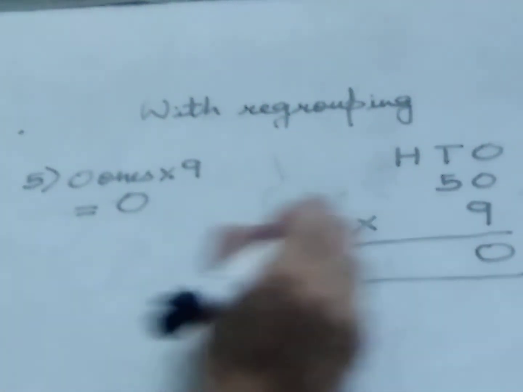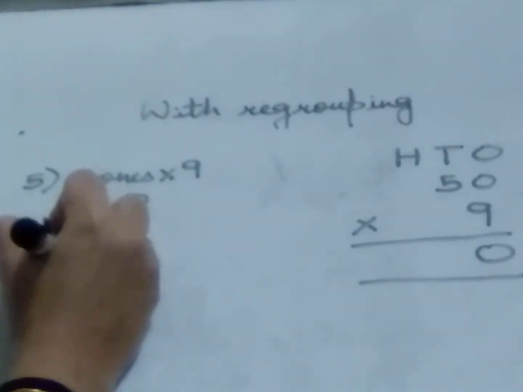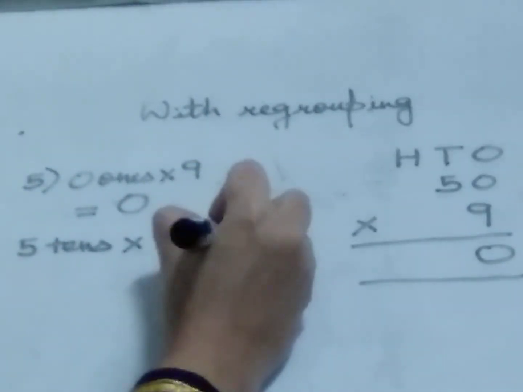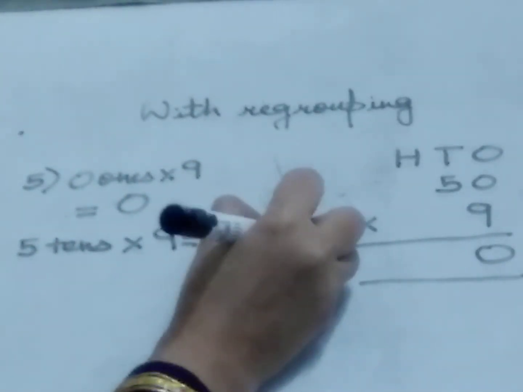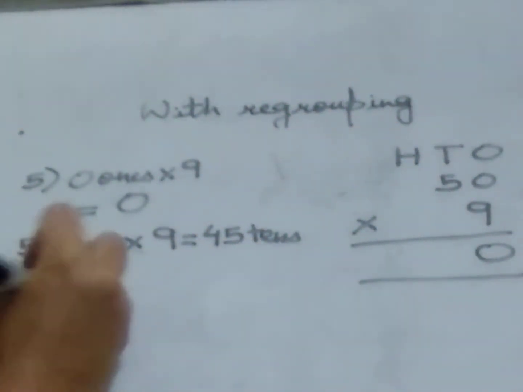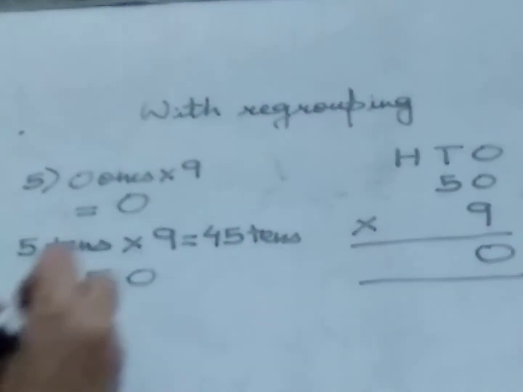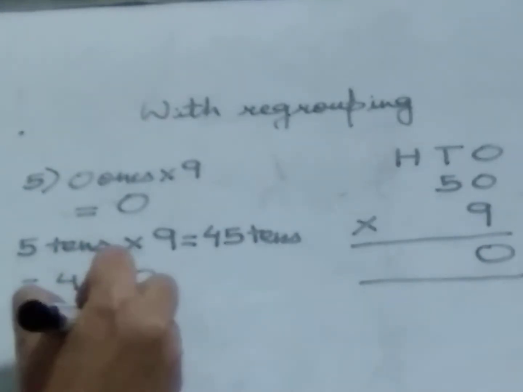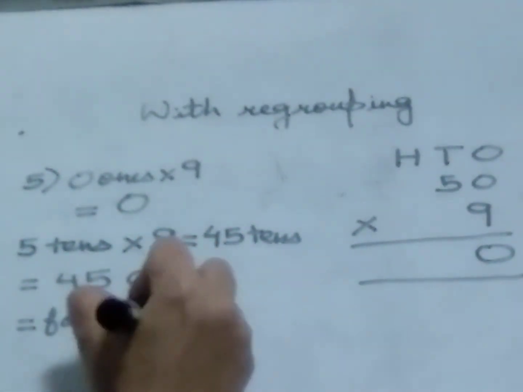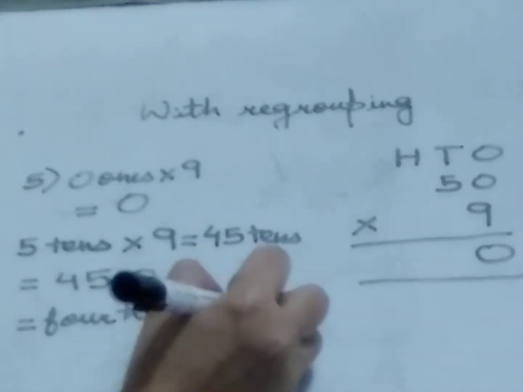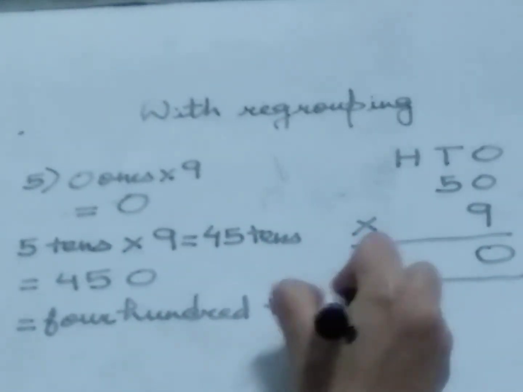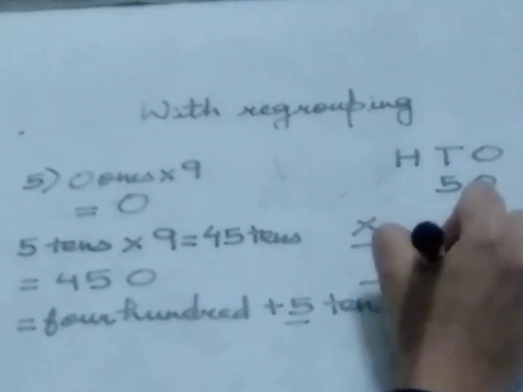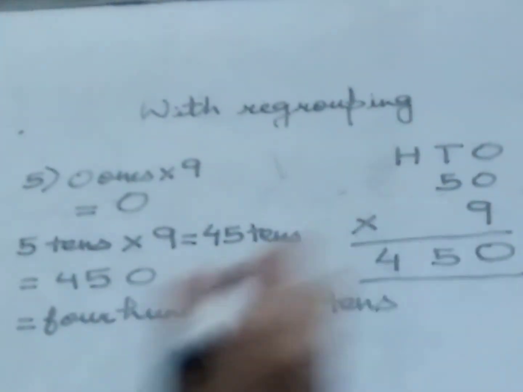Now multiply the tens next, which is 5 tens multiplied by 9. 5 nines are 45, 45 tens. Or you can say 450. So that means 400 plus 5 tens, which means write this 5 in the tens column and 4 in the hundreds column.